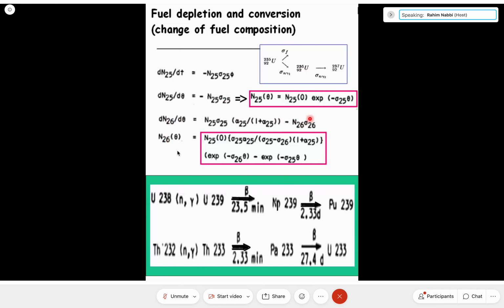The minus term is because this nuclide, uranium-236, absorbs neutrons and gets lost, or goes to uranium-237. So it is proportional to its concentration and absorption cross-section for this process. Good. But the production term.